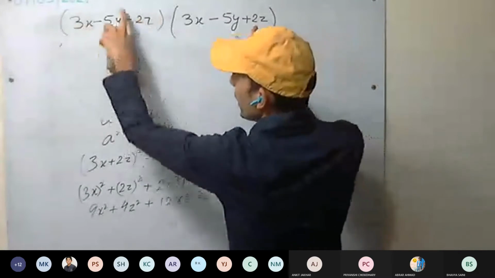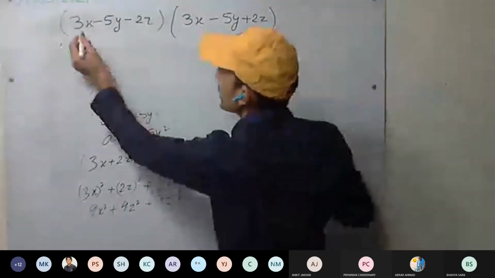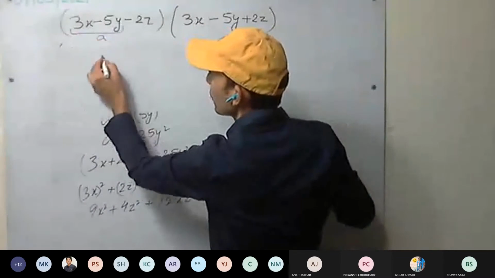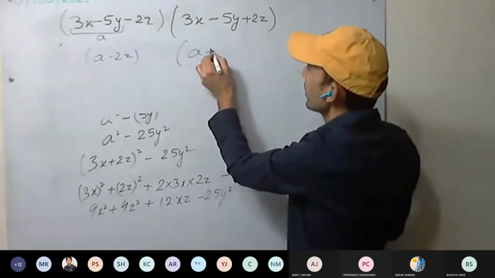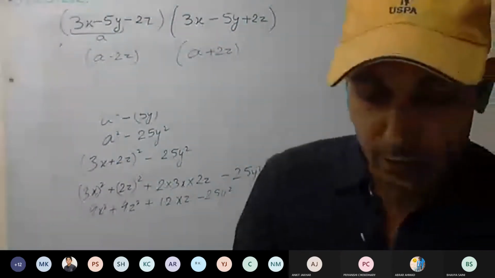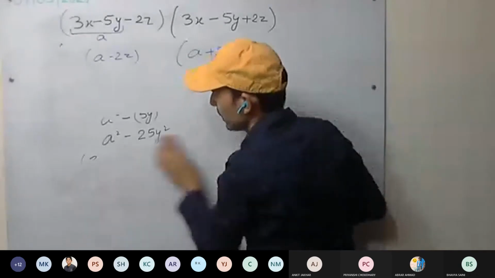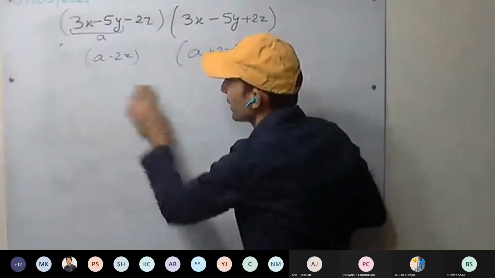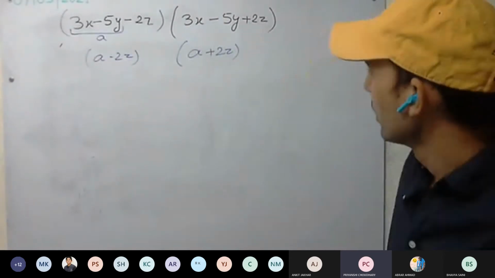So a minus b, a plus b. If we take this as A, it will be A minus 2z. Here A plus 2z. Which identity can we apply, second or third? A minus B the whole square, second. How?